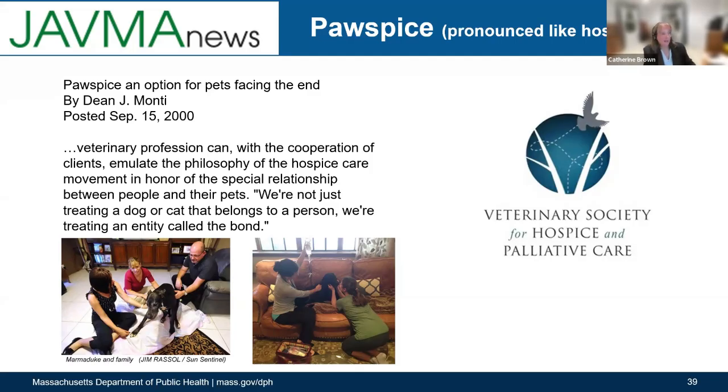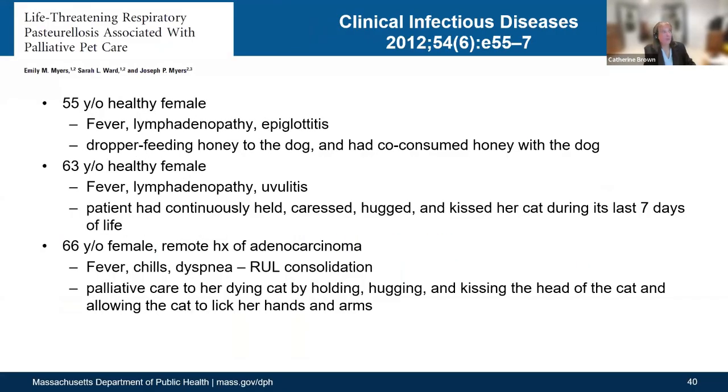And people take advantage of this, right? They want to give their animals the same type of end of life experience that we might give some of our human family members. But it can occasionally end up resulting in transmission, spread of disease from those animals.